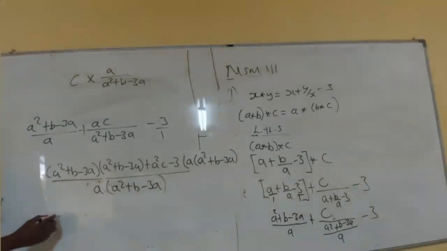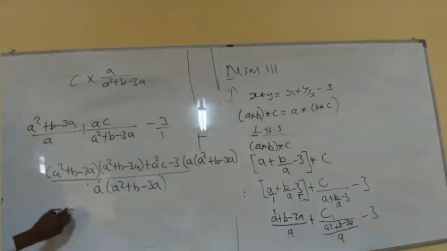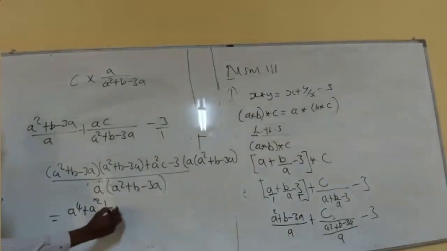Okay, so from here what we are going to have now is, A squared times A squared is A to the power 4. A squared times B, that's A squared B, minus 3A to the power 3.